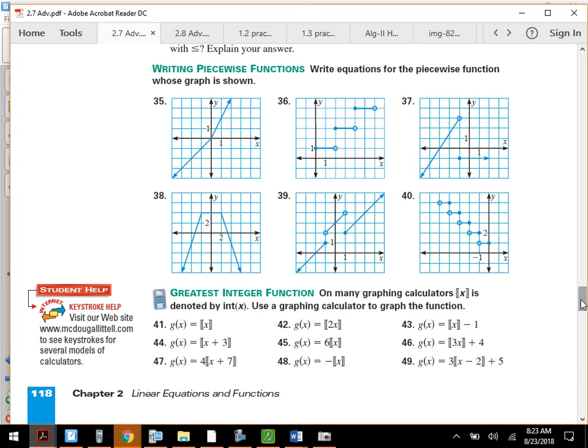Here, I would just put the plateau portion being closed dots, the increasing and decreasing portions as open dots. Okay. I'll show you what I mean by that tomorrow. The one thing I would say on 38, what's your scale going by? Going by 2. So that's the other thing to be careful of. Other than that, you guys should be flying right through it. I'm not going to worry about this whole idea of the greatest integer function on the calculator. We don't even know what button it is on your calculator to do that. So, all right.